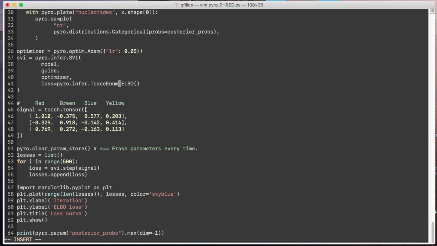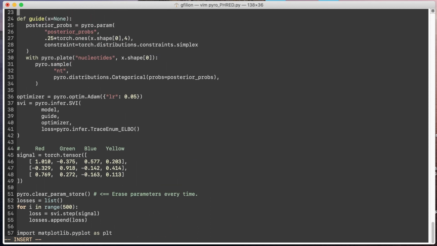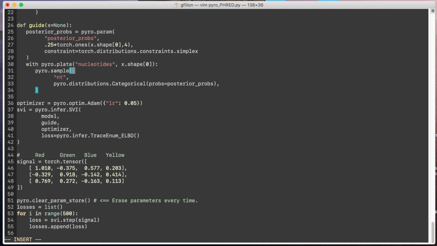So we're going to do a complete enumeration. So what does it mean? It means that here in the guide, instead of picking one nucleotide at random according to some posterior distribution, every cycle of the SVI, we're going to try all 4 of them, and we're going to systematically compute the probability that they occur. So that will make the estimate a lot less noisy.